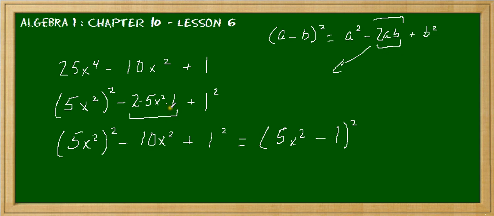In this case, it was here. It was term 5x squared. It was term 1. That's your a and b. Multiply that by 2, and guess what? It's 10x squared, which is exactly what the middle term of our original trinomial was. So that is the end of lesson number 6.